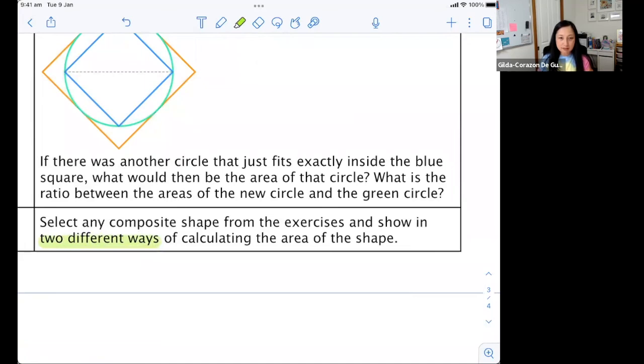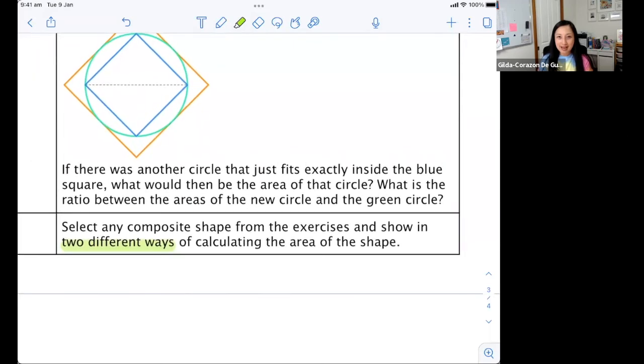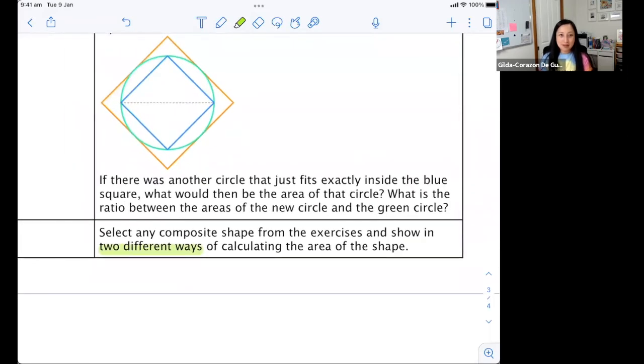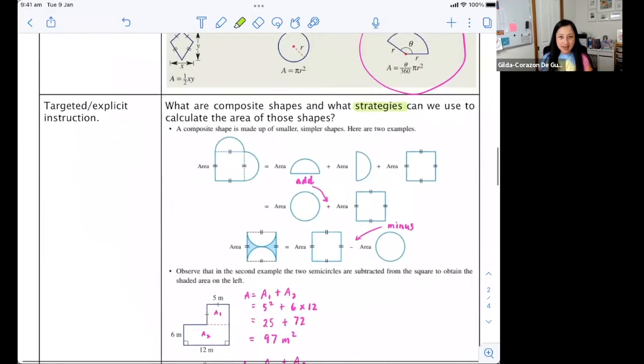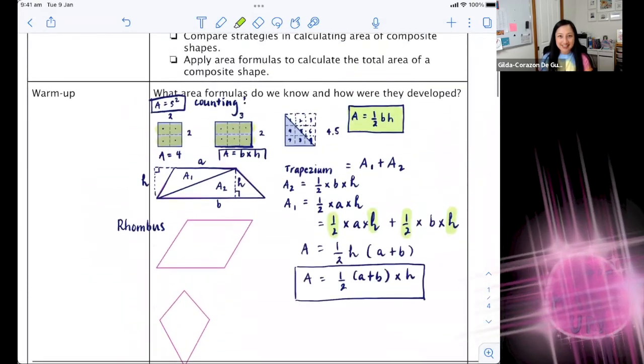Whether the other one is easier or harder, show those 2 methods of solving the area of that shape. Okay, I hope that helped you with calculating the area of composite shapes, and I'll see you next lesson.